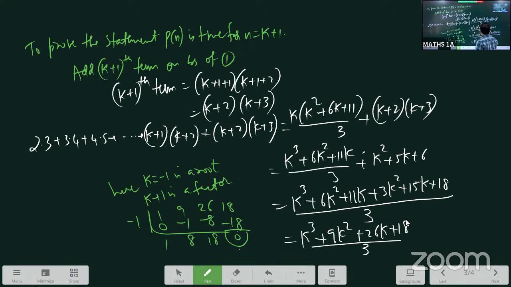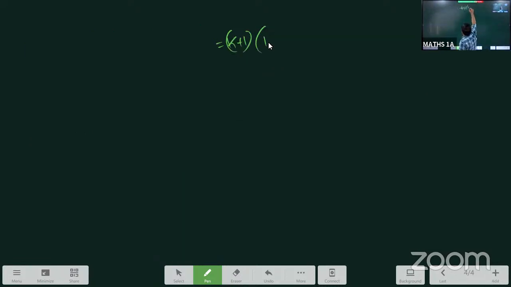Now this cubic equation, I am going to write it as, already I know k equal to minus 1 is the root. So k plus 1 into k square plus 8k plus 18, divided by 3.